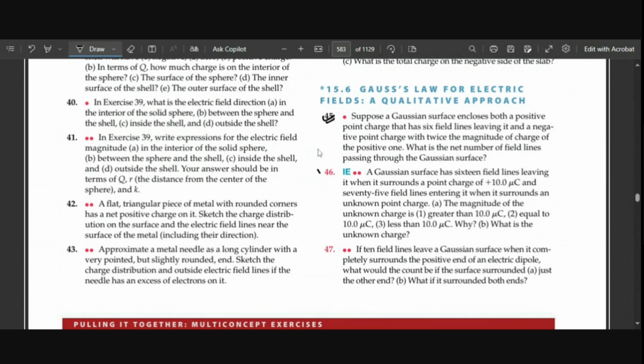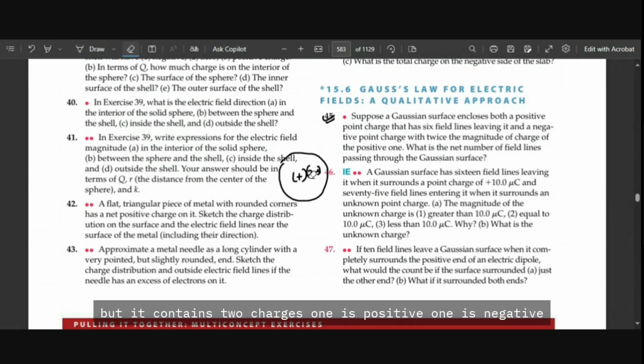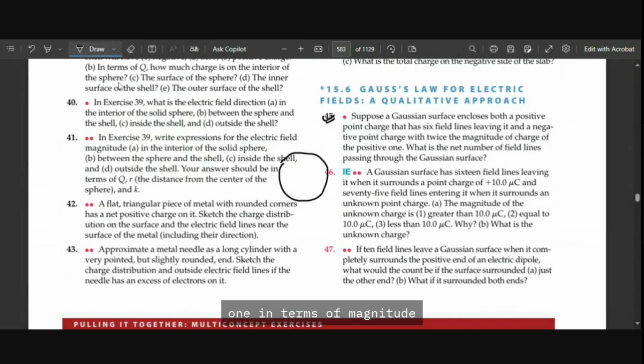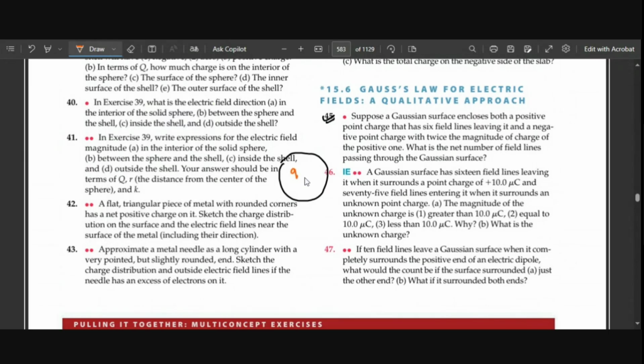Now just think naturally. Suppose this is my surface and it contains two charges, one positive, one negative, but the positive one is half of the negative one in terms of magnitude. So I can assume positive is q and negative is negative 2q.